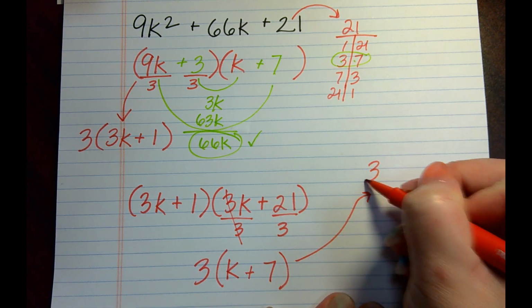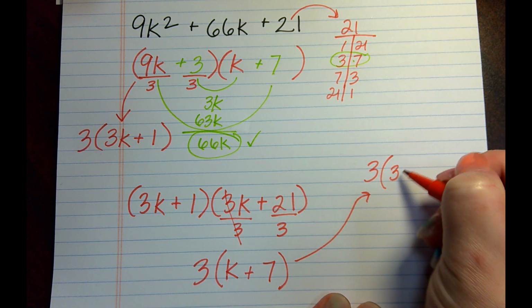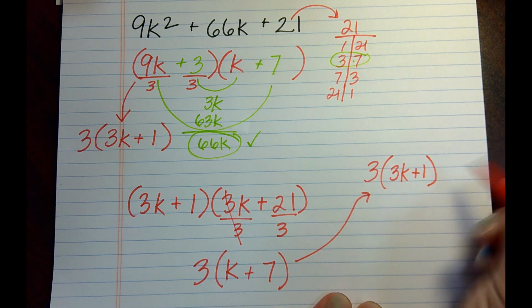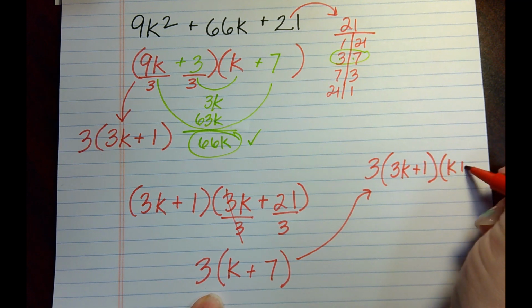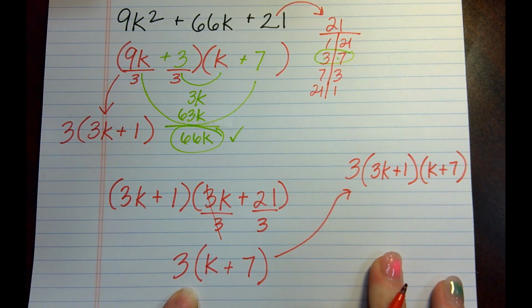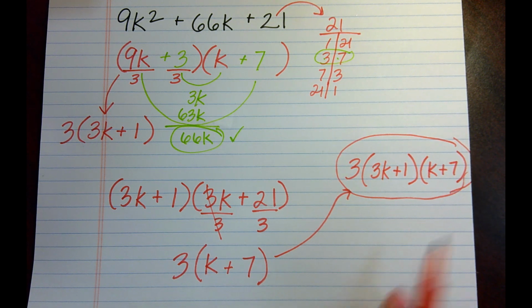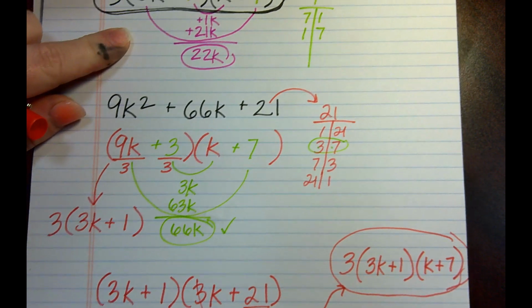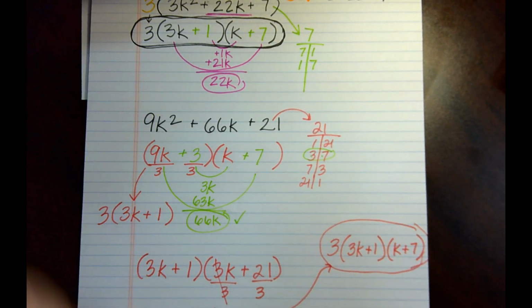I'd bring the 3 out to the side, and then your 3K plus 1, and then our K plus 7. And that would be your answer. And that's exactly what we got up here.